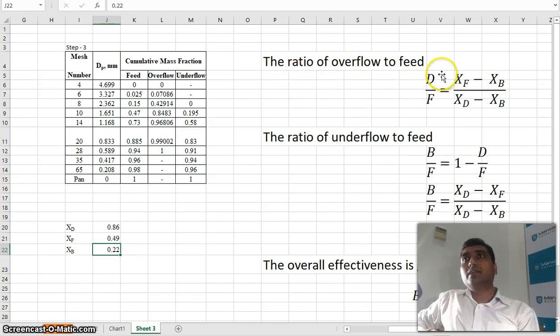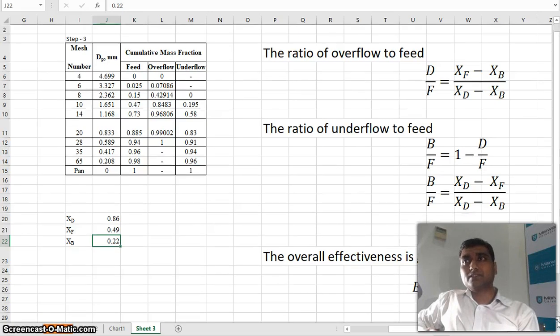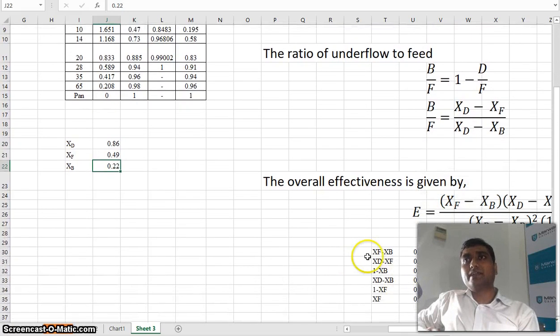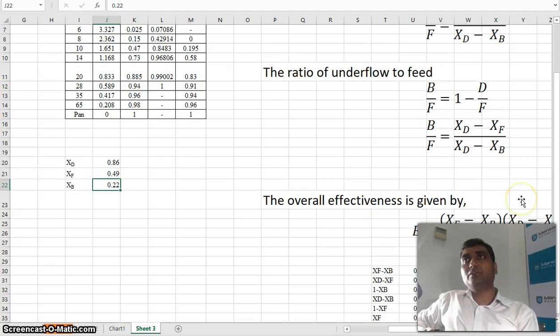This is the D by F value, this is the B by F value. Just simplifying the equations, we get xf minus xb, xd minus xf, find all these terms, and you will get the B by F and D by F values.